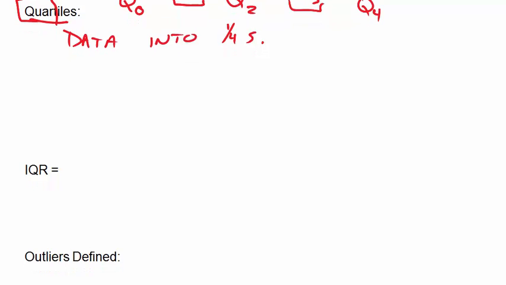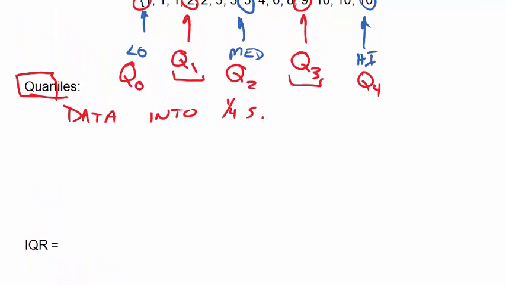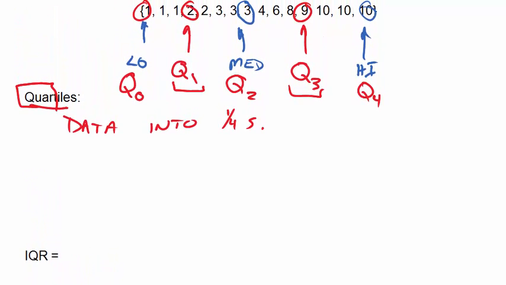So, interquartile range is really just looking back at the measures that you had before. An interquartile range is going to be defined as Q3 minus Q1. And just a straight up definition, so in this case it would be 9 minus 2.